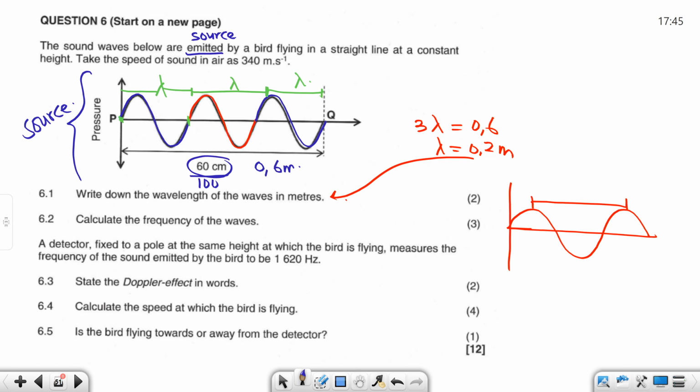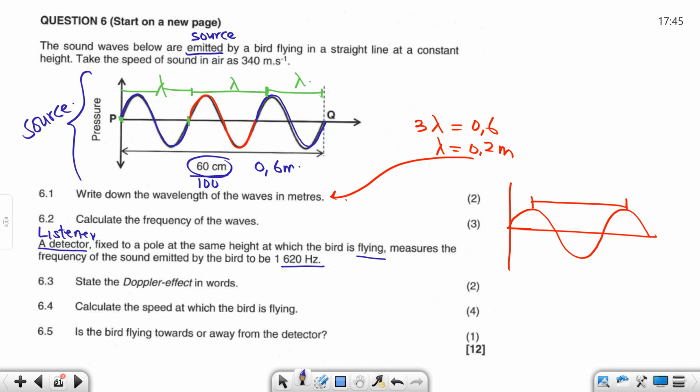Hold on. I want us to read. It is a detector. This is my listener. Measured the frequency as what? By the way, it's flying. They didn't tell us where it's flying to, whether towards or away. 1620.